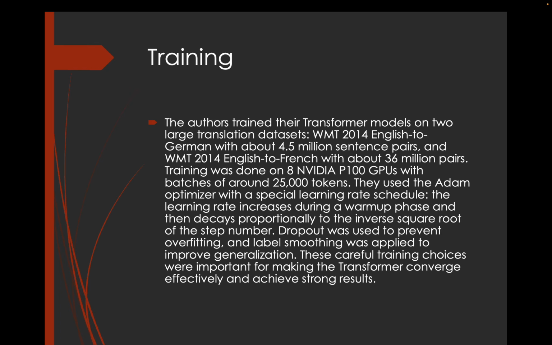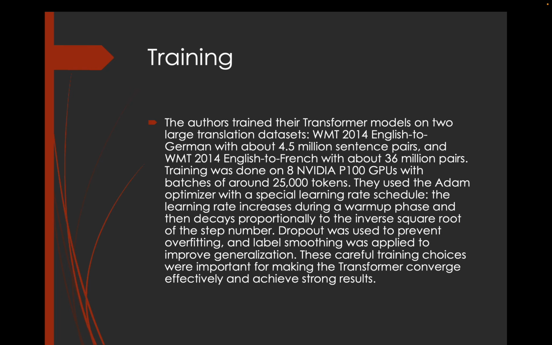Training. The authors trained their transformer models on two large translation datasets: WMT 2014 English to German, which has about 4.5 million sentence pairs, and WMT 2014 English to French, which has about 36 million pairs. Training was done on 8 NVIDIA P100 GPUs with batches of around 25,000 tokens. They used the Adam optimizer with a special learning rate schedule.